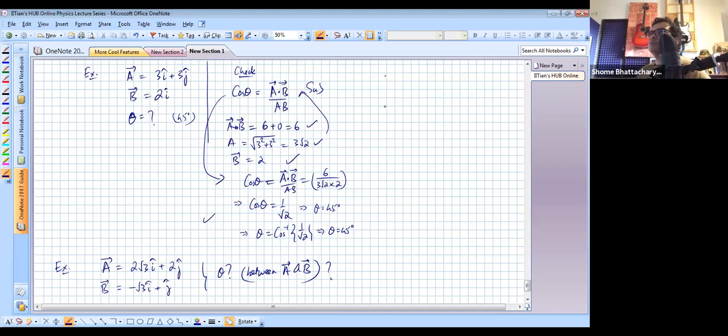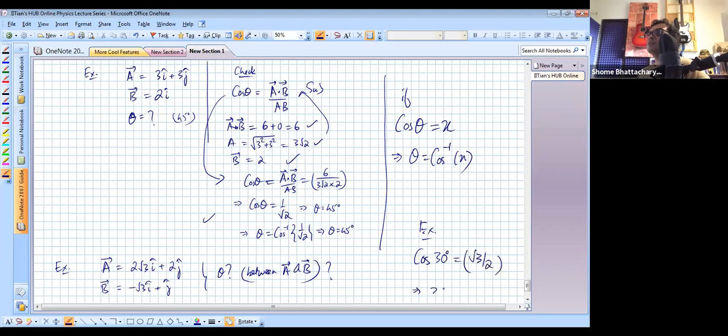No, it's not the sense, that is by definition. If we say that cos theta is equal to x, so by definition it means that theta is cos inverse of x. This is the definition of the cos inverse function. So for example, if we know that cos of 30 degrees is root 3 by 2, a known fact, then we also know that 30 degrees is cos inverse of root 3 by 2.